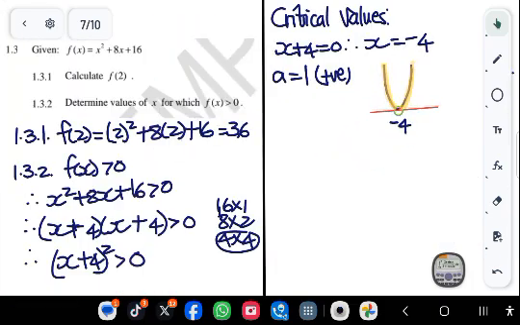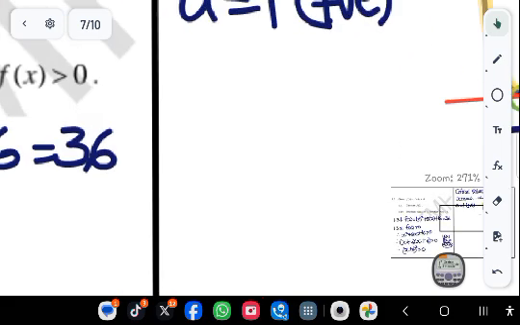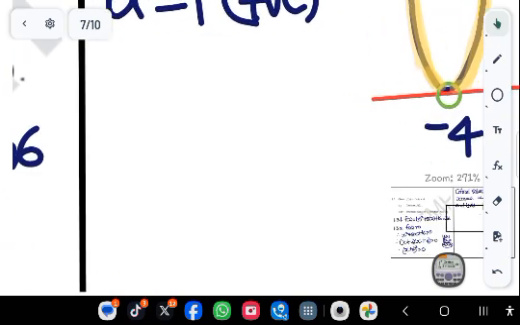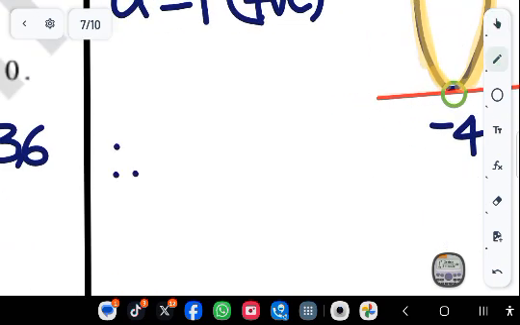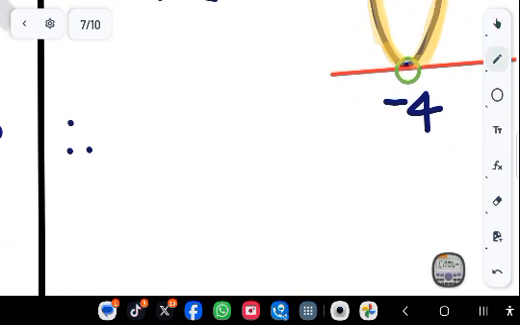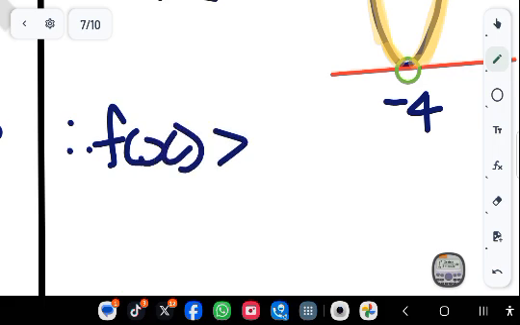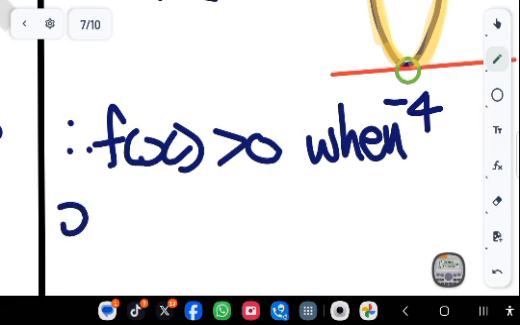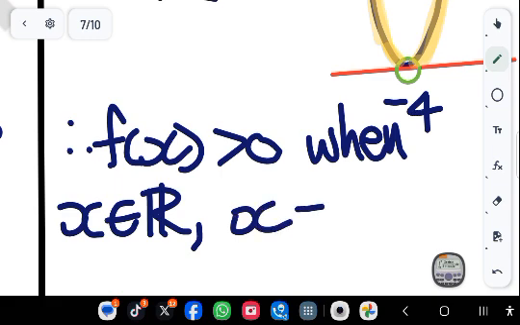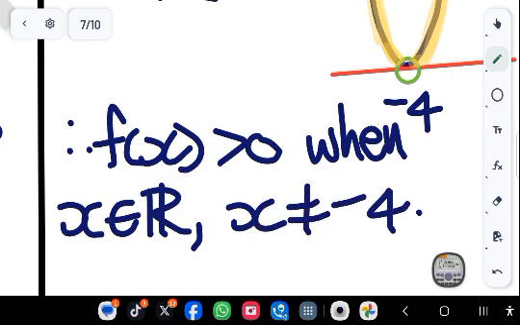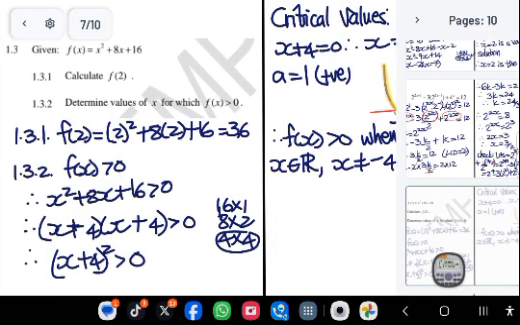So therefore this is greater than 0. Therefore f of x is greater than 0 when x is an element of real numbers for all except for when x is -4.